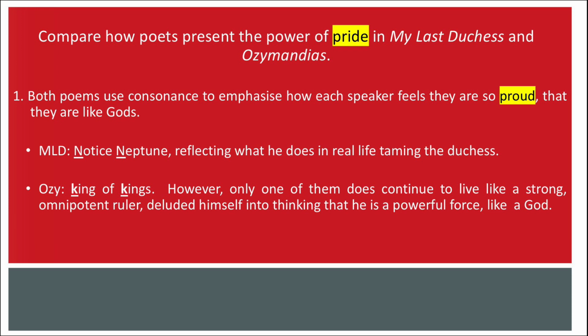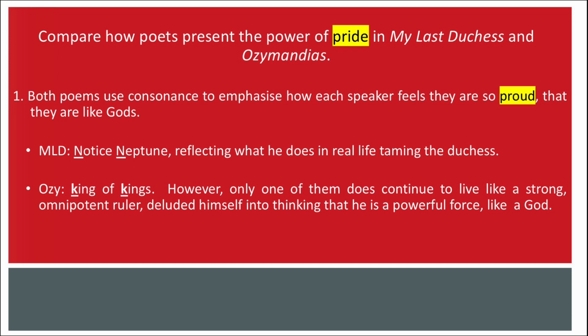He ultimately feels a huge affinity with such a powerful and mighty sea god, such as Neptune, because what is Neptune doing? Taming a seahorse, allegedly. And that is ultimately reflecting what he does in real life when he is taming the Duchess, I'm sorry to say.